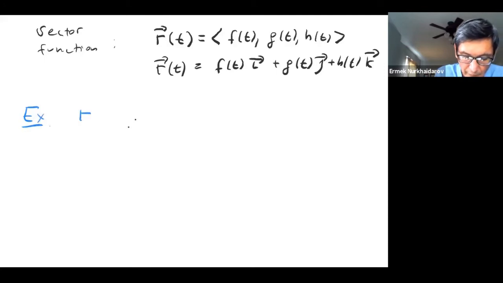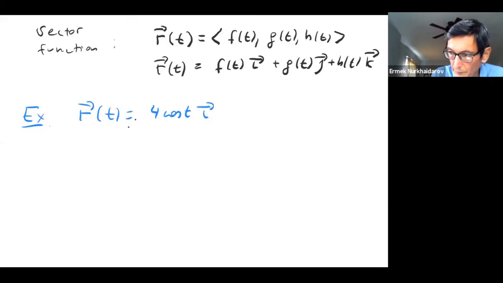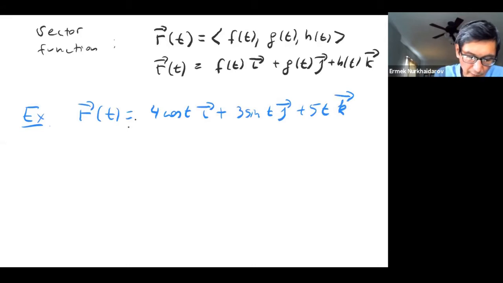If we have a vector function given to us by 4 cosine of t times i plus 3 sine of t times j plus 5t times k. Okay, find.